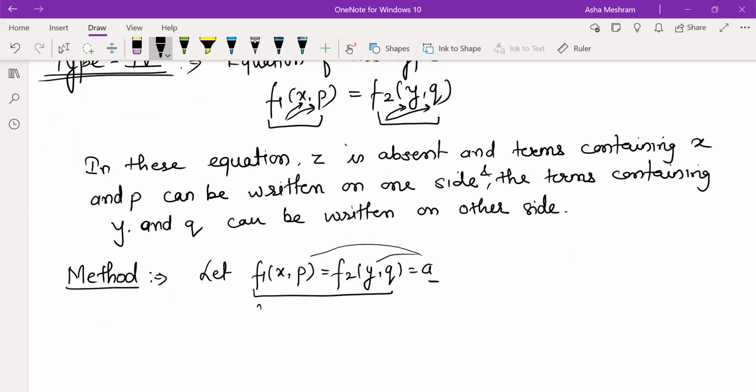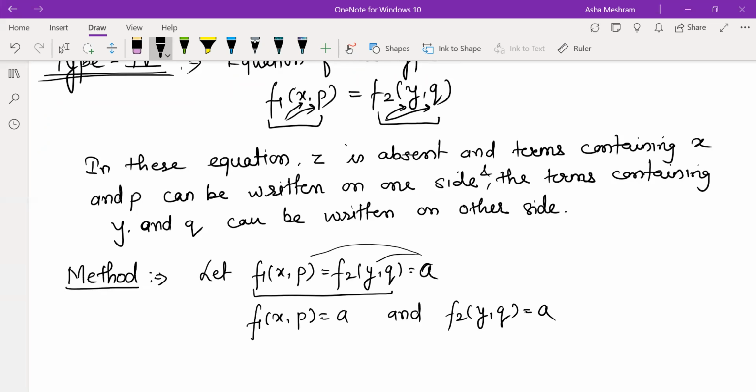Okay, so from this we can write f1 xp is equal to a, and f2 yq is equal to a, a ही लिया है हमने. ठीक है.